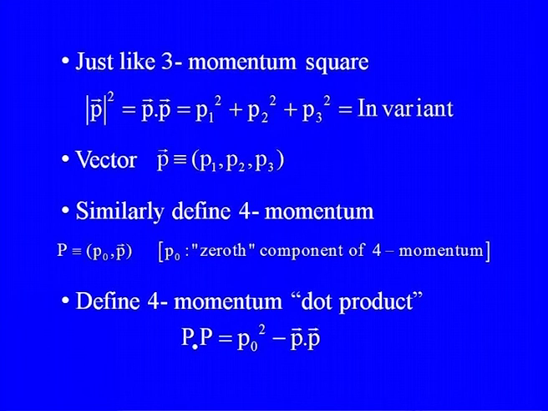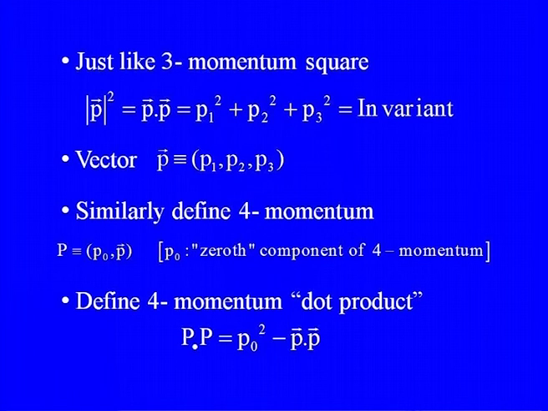What does it mean? It means you take a dot product, small p dot small p, and it turns out to be nothing but p1 squared plus p2 squared plus p3 squared, or px squared plus py squared plus pz squared in Cartesian coordinates. That is invariant, because it is equal to the length of a vector; even if you rotate the vector, the length remains the same. The 3 vector is the one in which we put the vector sign, and it has 3 independent components.